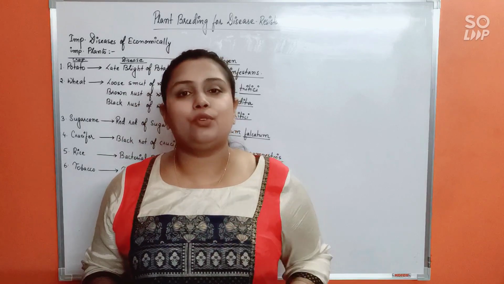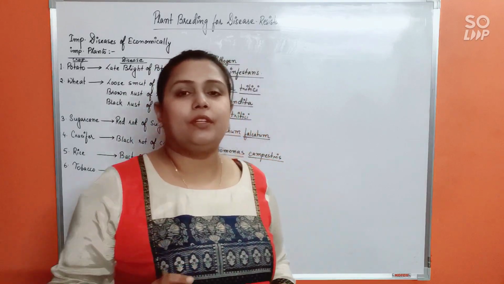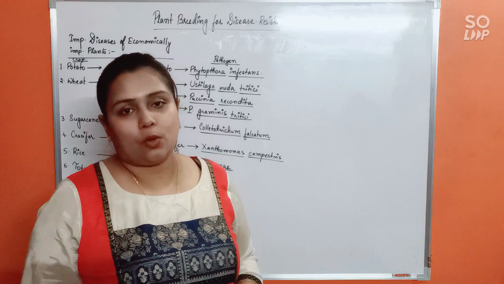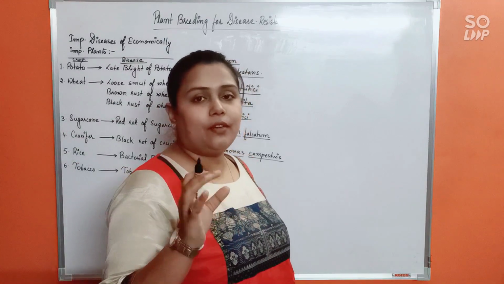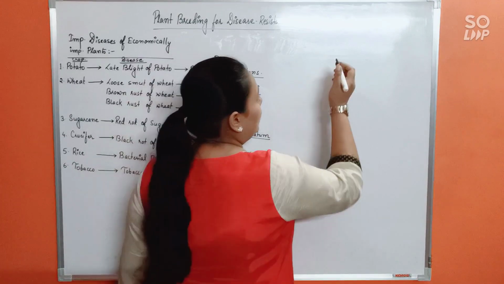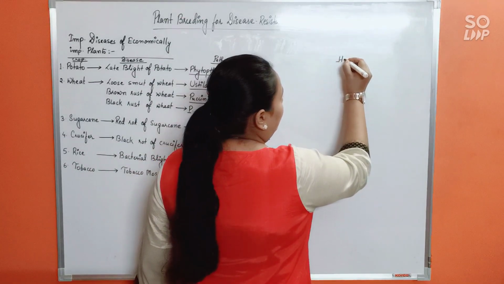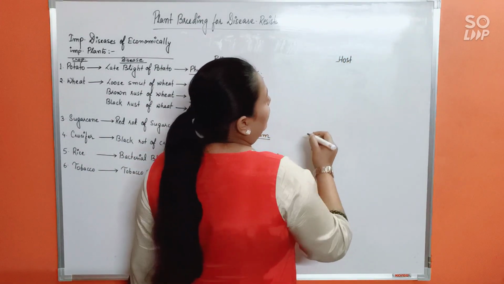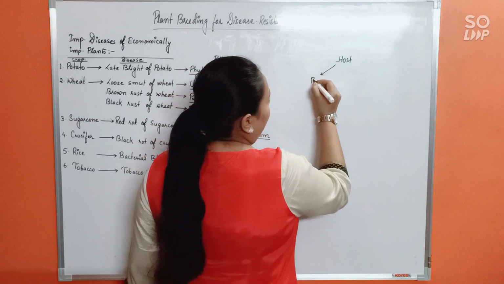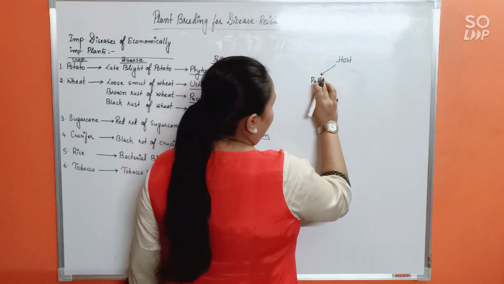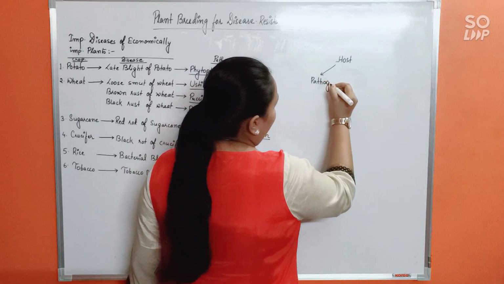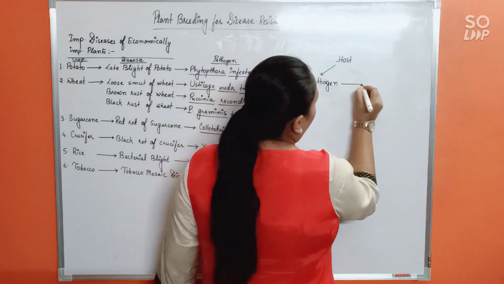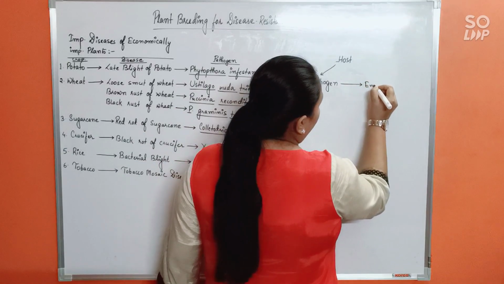One thing all of you should know is that whenever a disease or an infection is caused, there are three factors that are responsible and interacting with one another: host, pathogen, and environment.